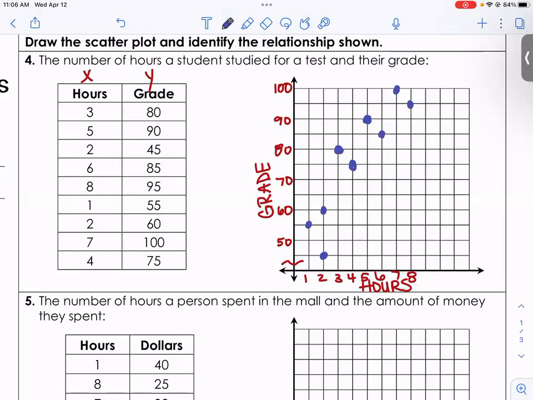Okay, because there are 2 different people who studied for 2 hours, but they got different grades. Ray, do you need to go on a walk?